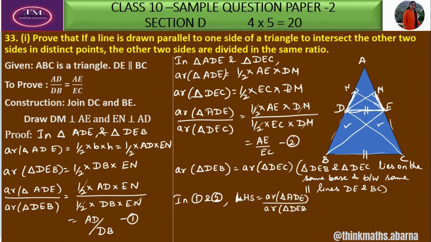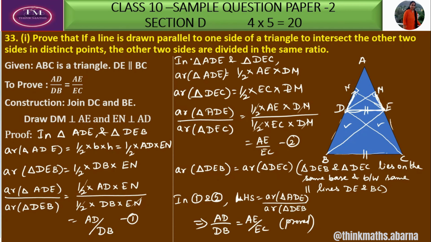LHS will be the same. So if LHS is the same, then RHS will also be the same. So this implies AD by DB will be equal to AE by EC. So this is proved.